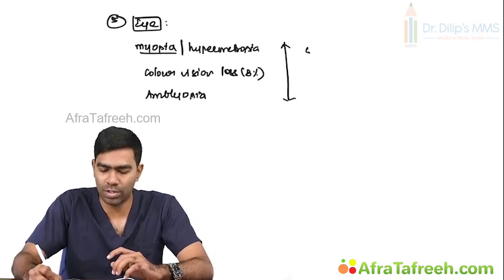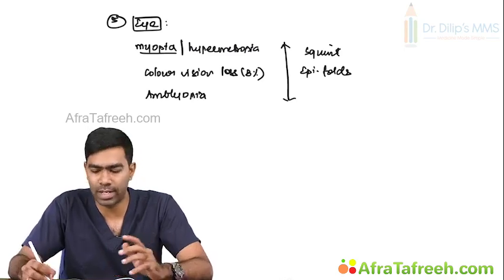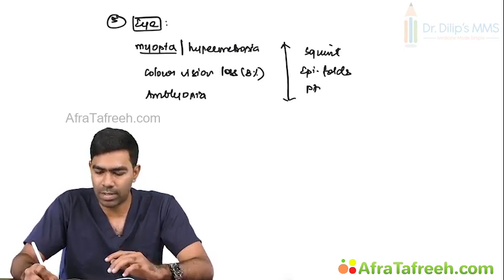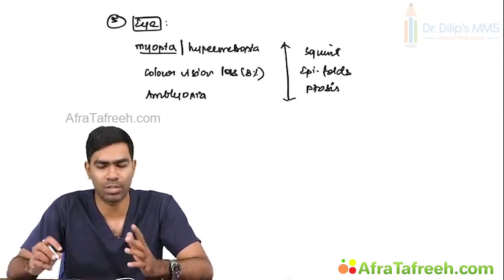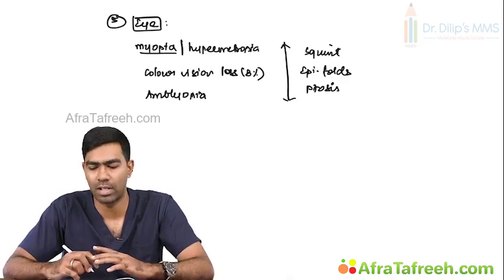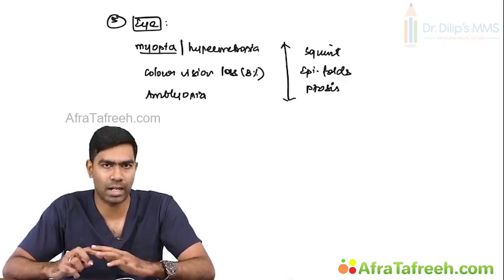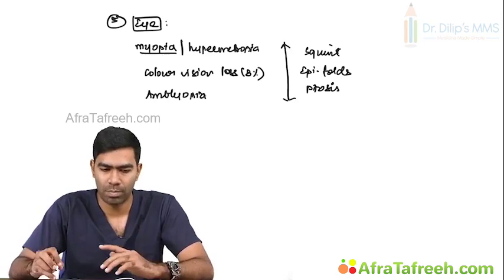Structural eye issues include squint or strabismus, epicanthal folds, which are a cosmetic concern, and ptosis, drooping of the eyelids, which I have told you already. These structural problems might sometimes need correction because of the cosmetic concerns.